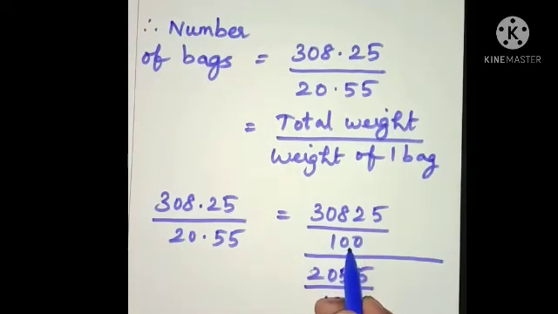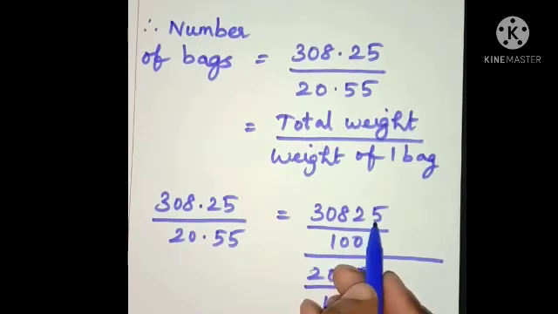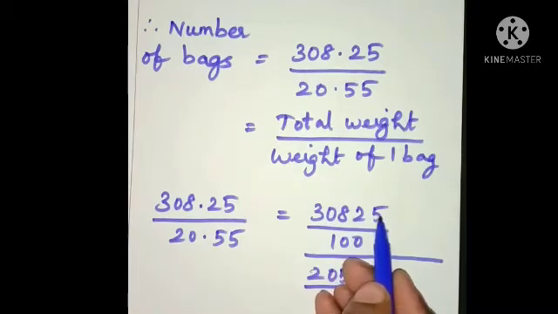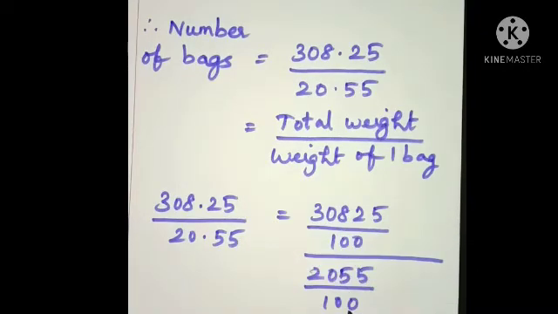If the denominator has two zeros, we have to put the decimal point before two values, from right to left, and here too. In the denominator there are two zeros, so we have to put the decimal point before two zeros. So the decimal number is 20.55.